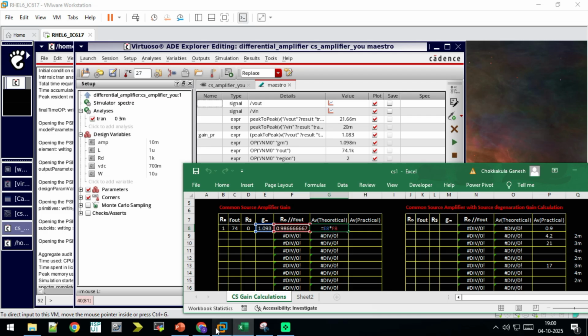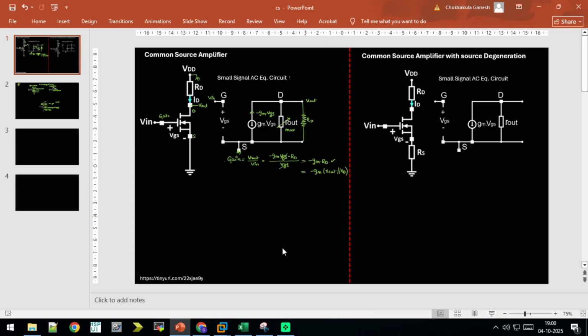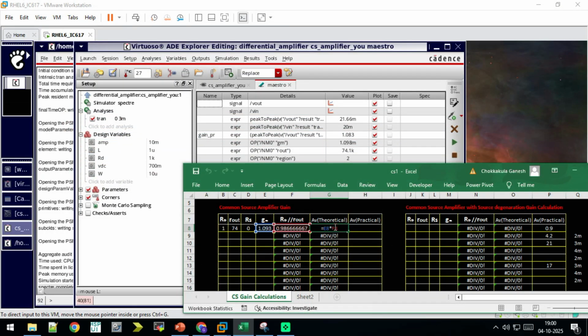As per the formula we have derived, theoretically we can get the value of 1.078, and practically the gain we are getting is 1.083. So theoretically what we calculated and practically what we simulated are almost the same.